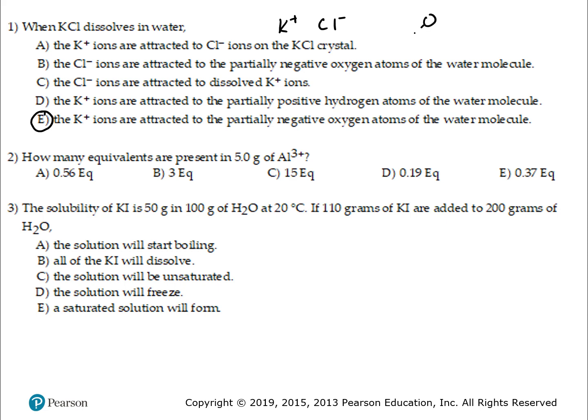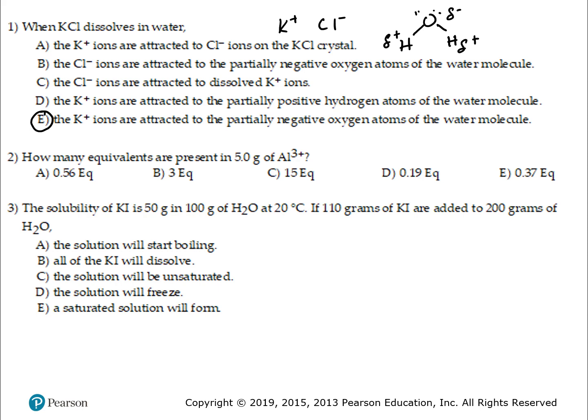Water has some lone pairs on that oxygen, which makes it partially negative, and the hydrogens are partially positive. So water is a polar molecule.